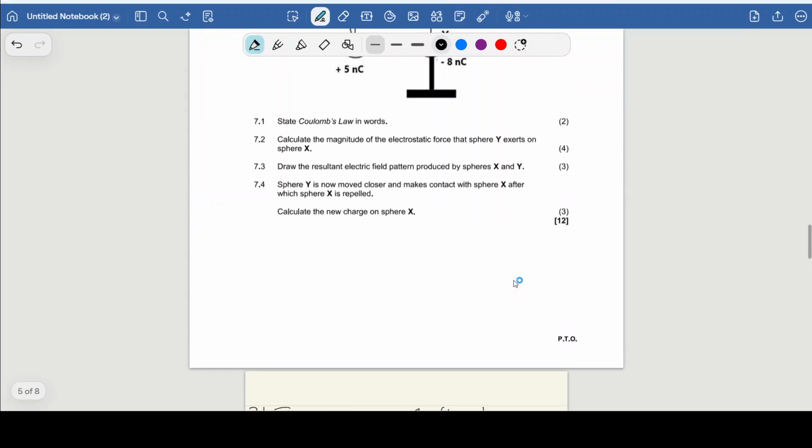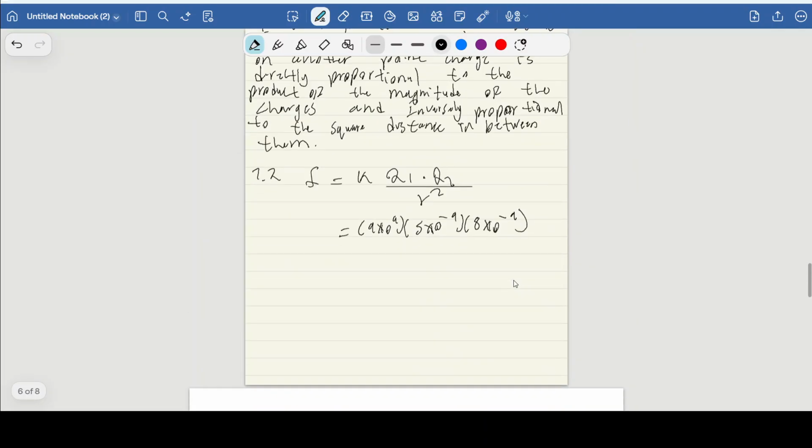Please bear in mind that I did not put the sign for the 8 nanocoulomb. I left it as positive, even though it is negative in actual fact. It is not a mistake, okay?